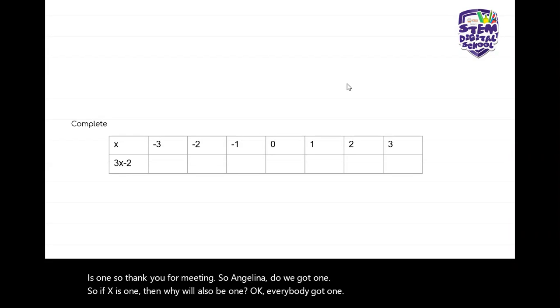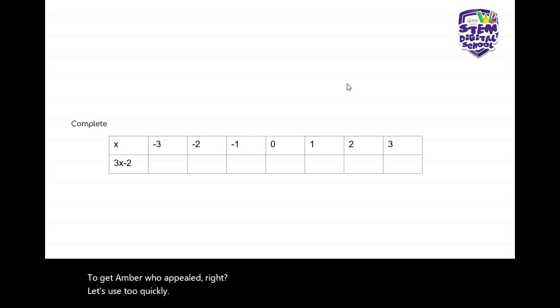Right. Let's use 2 quickly. Let us use the next one, which is 2. 2 times 3 will be 6, and then 6 minus 2 is 4.